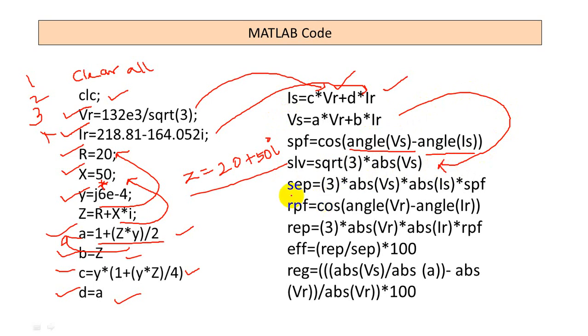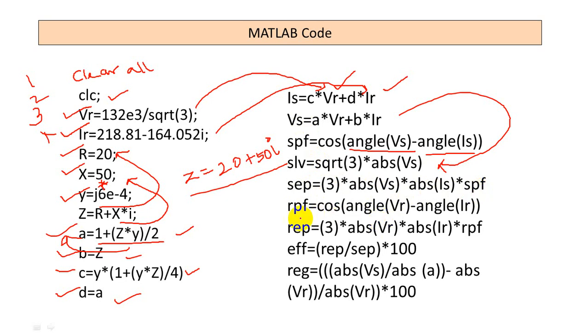Then sending end power is very easy: 3 into VL IL cos phi. I repeat, what is sending end power? We are not taking square root of 3 because we are considering only the line voltage. So 3 into abs of VS multiplied by IS multiplied by your sending end power factor.